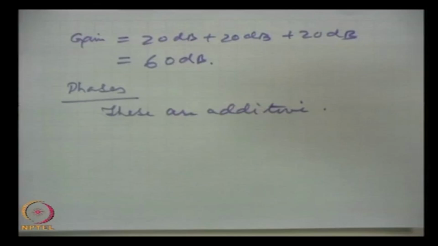So, if we couple 2 amplifiers, for example, both have a phase difference of pi, then if there are only 2 stages, then pi plus pi. So, the phase difference will be 2 pi, that means output will be in phase with the input. So, phases are additive, and if one has a phase of pi, other has a phase of minus pi, then 0 phase will appear and so on.